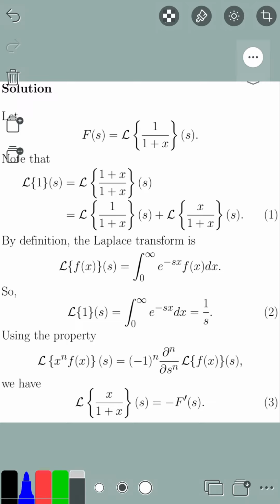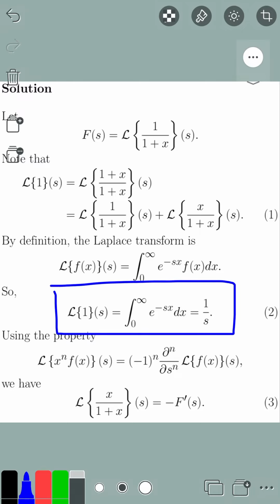The Laplace transform of 1 is the integral from 0 to infinity of e to the negative sx times 1 dx. This integral is easy to evaluate. It's simply 1 over s.